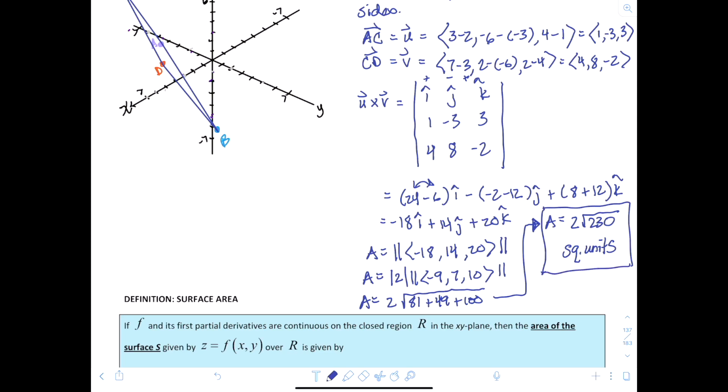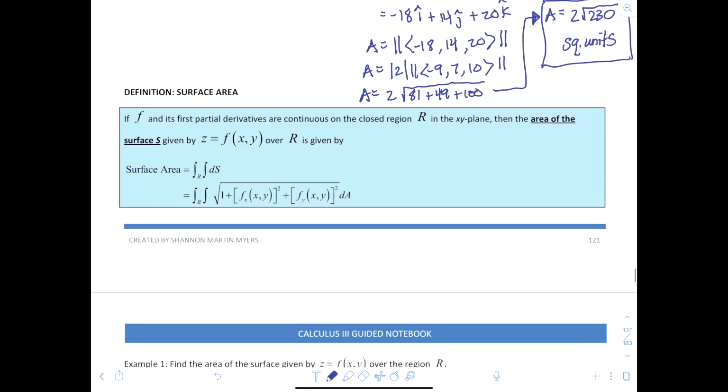Cool, cool. All right, so the reason we did that as a warm-up is because we're covering surface area.